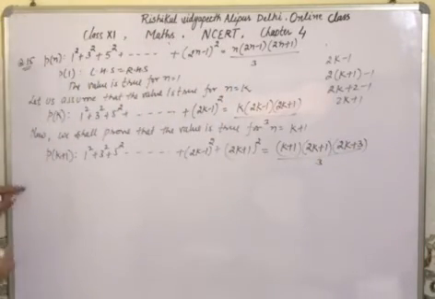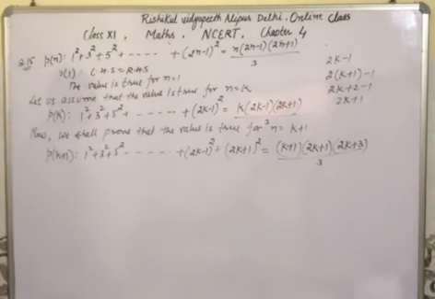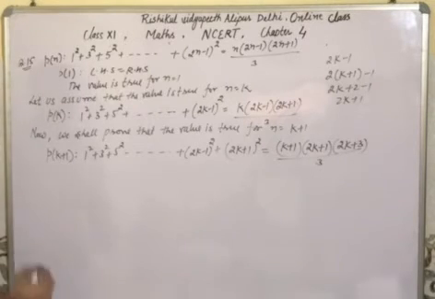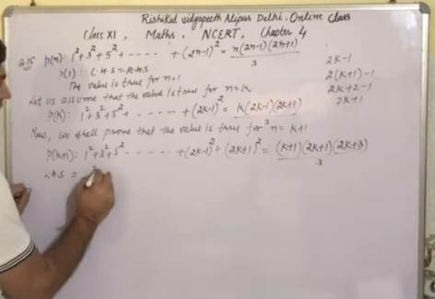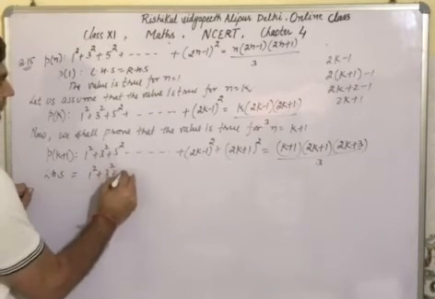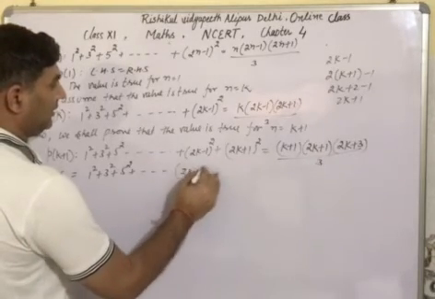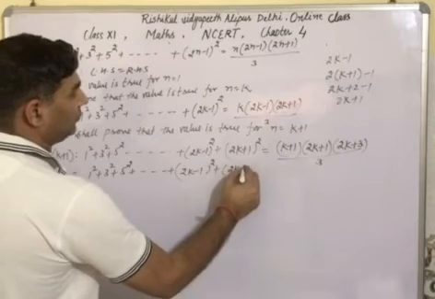Now we prove that the left hand side is equal to the right hand side. Use P of k. Then the left hand side is 1 square plus 3 square plus 5 square and so on up to 2k minus 1 square and plus 2k plus 1 square.